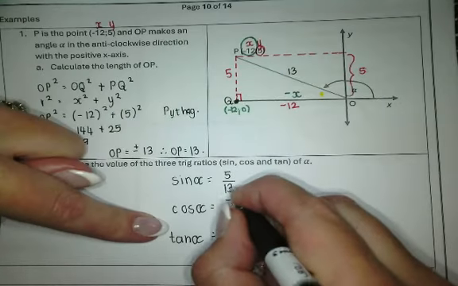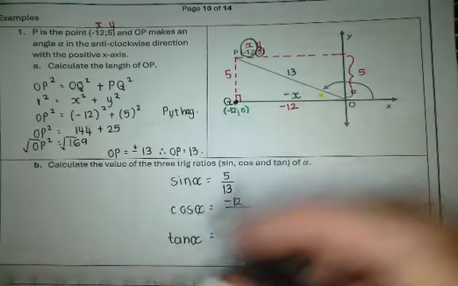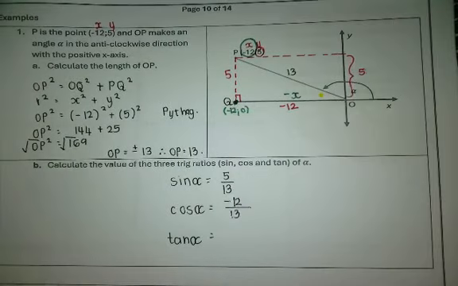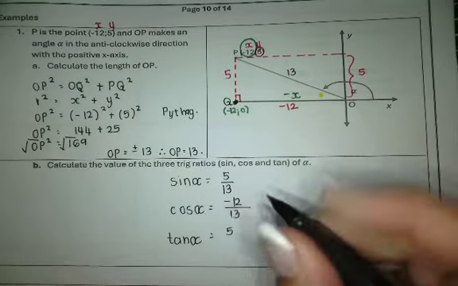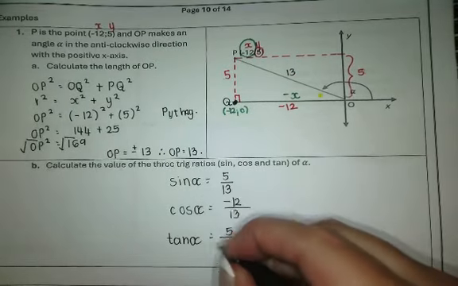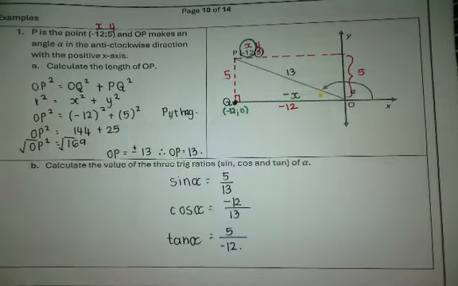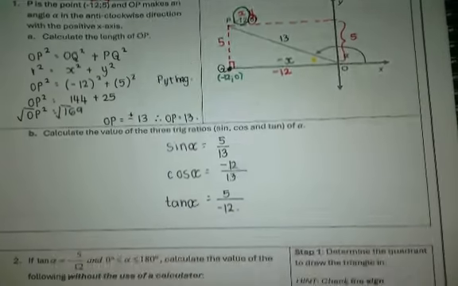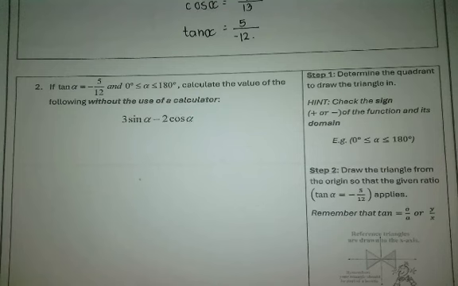Fantastic. Cos is adjacent over hypotenuse: adjacent negative 12, hypotenuse 13. Good. Tan is opposite over adjacent: 5 over negative 12. Okay, that's it.